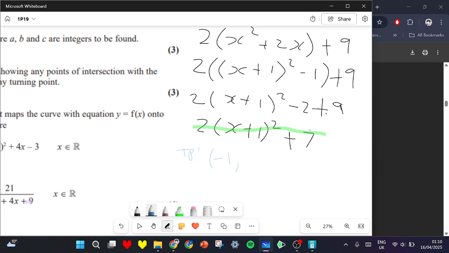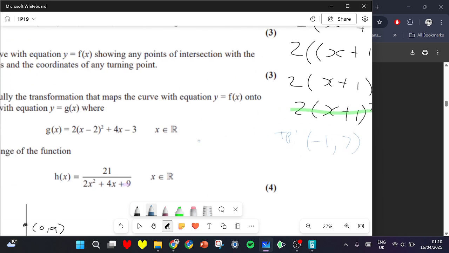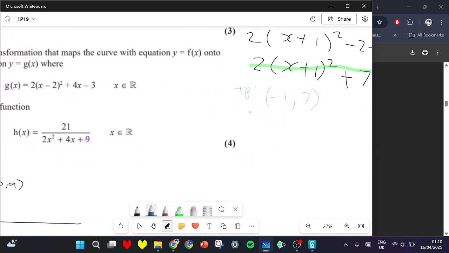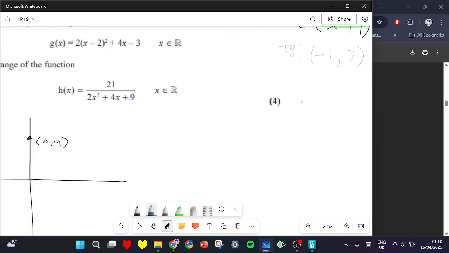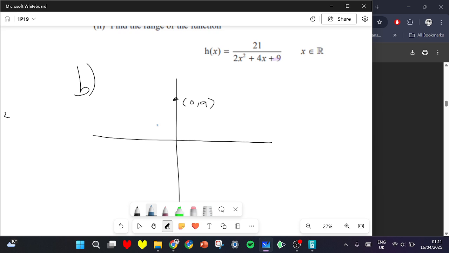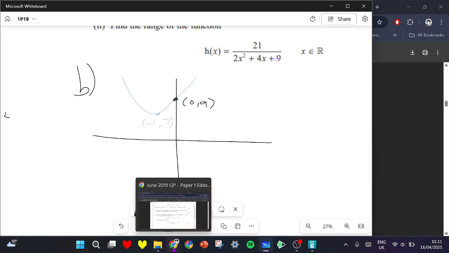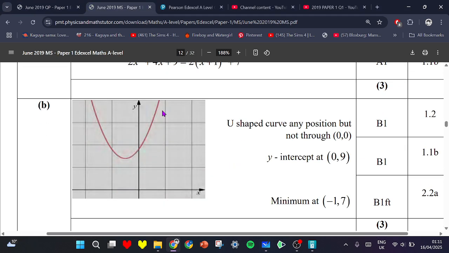And then for y, it's the number that you add on the outside, you don't change it, so it's just going to be 7 as well. So if it's -1, 7, that's going to be here, maybe. So -1, 7, and then if you just draw the smiley bit, so that's it.